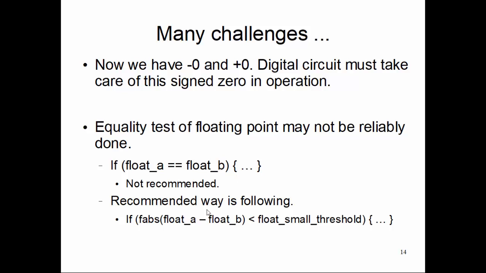Now, it's always recommended to do it this way. You compute the difference of float A and float B and make it an absolute value, so it's kind of a delta, the absolute difference between the two values, and you check if it is smaller than some threshold like 1e-10 or 1e-12, depending on what application program you are writing, what the target application is, and what precision you are looking for in the calculation.